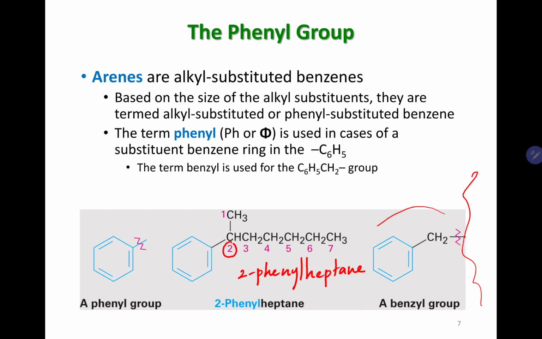This whole thing, the benzene ring and the CH2, will be a substituent, and the name of this substituent is the benzyl group. So benzyl and phenyl are different. Phenyl only has the benzene ring, but benzyl groups have a benzene ring and a CH2 group.